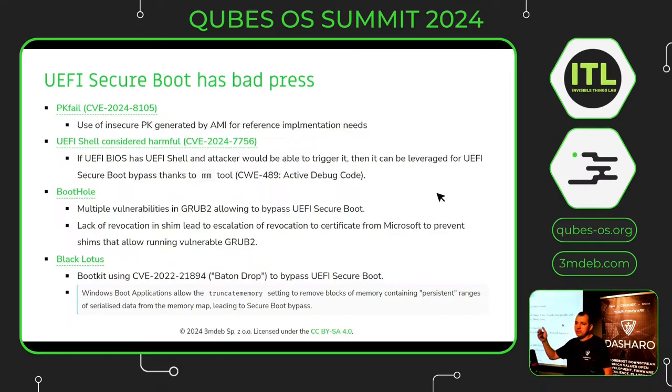AMI left that for simplification of UEFI Secure Boot configuration, and they just didn't generate a new one. They used the one which was shipped with the code, and everyone uses that. And of course it leaked. Now everyone can use this PK to change the KEK or do everything, because PK owns everything in the platform, and that means Secure Boot is compromised on those platforms.